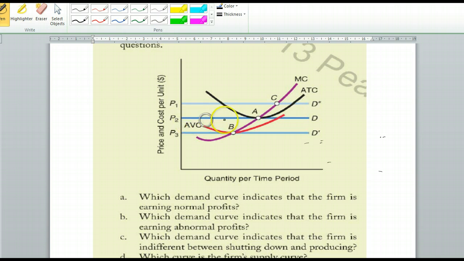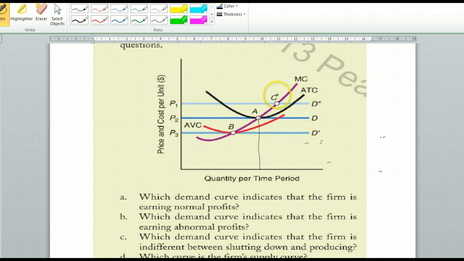because only on this demand curve, if price is P2, you can see that the total revenue is going to be this P2 times whatever quantity this firm is selling, and total cost is also going to be this area of this rectangle, which is equal to total revenue.